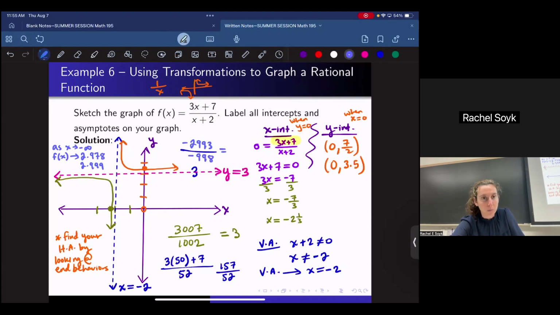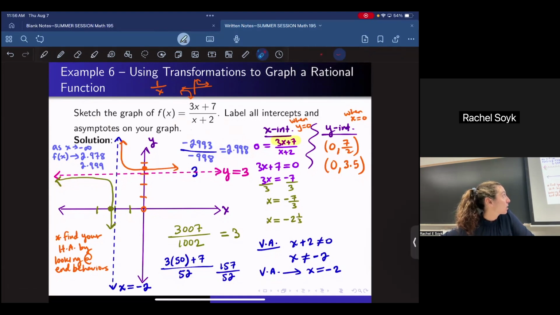When you put that in, 2.993 divided by... you don't have to know the accuracy of this. I'm just showing it to you so you guys can see that it's really, really close to 3, but it's not going to ever hit 3. So we get this 2.998 as x is approaching negative infinity.